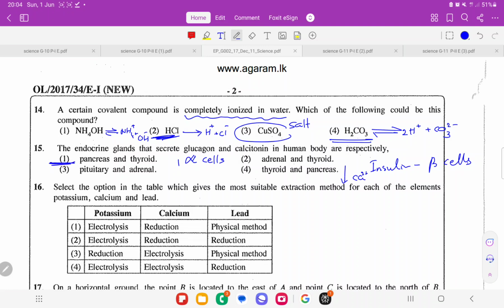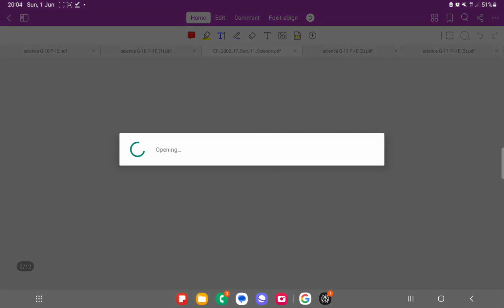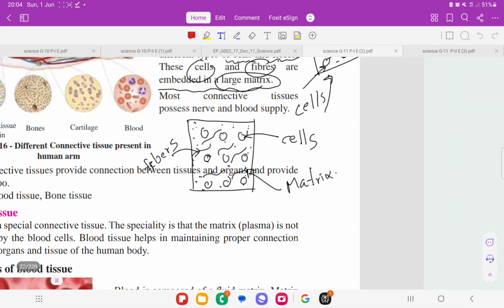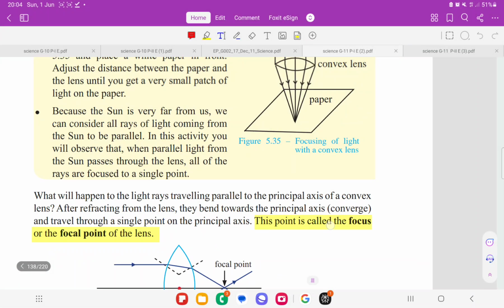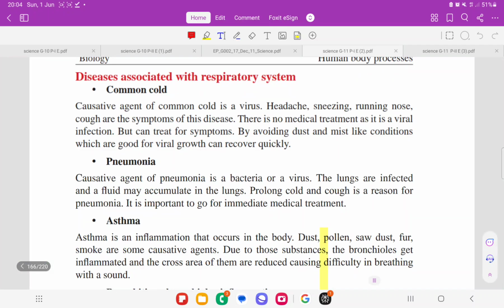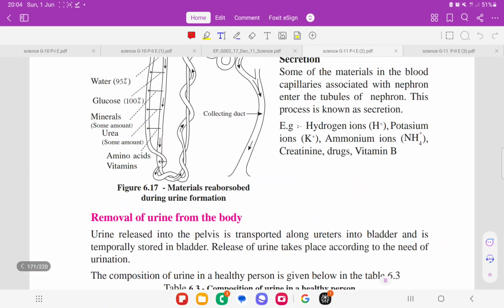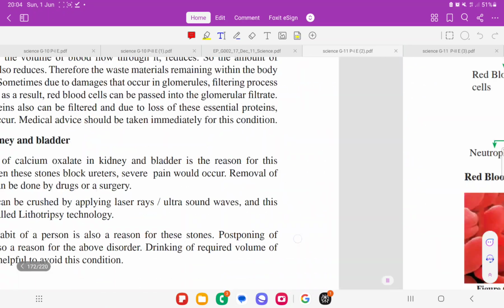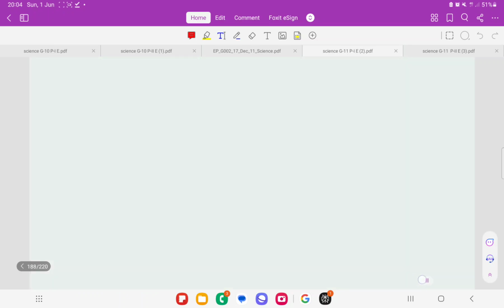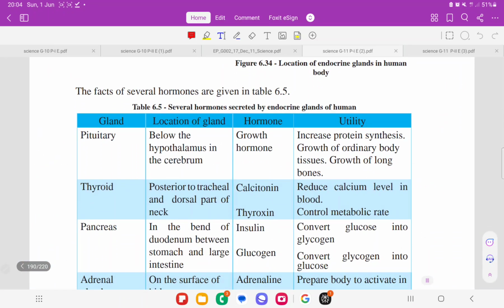Just go to the grade 11 part 1 book, biological processes, right? Mainly I discussed this. Some people have already completed this part, so go for that. Homeostasis here. Pituitary, thyroid gland, you can see two hormones they mentioned, calcitonin and thyroxine.